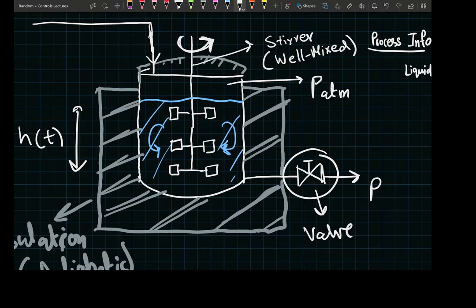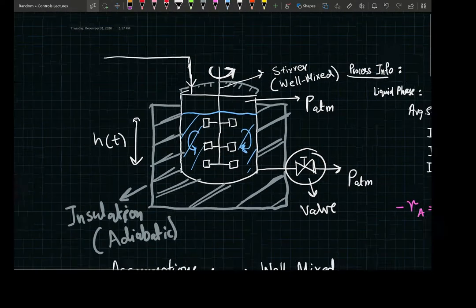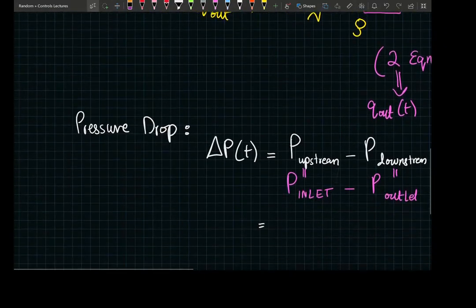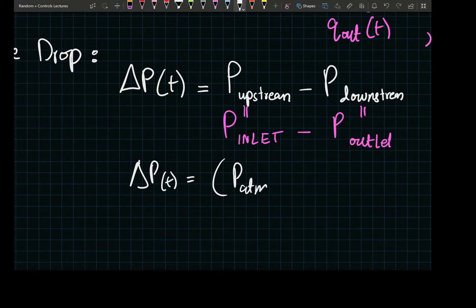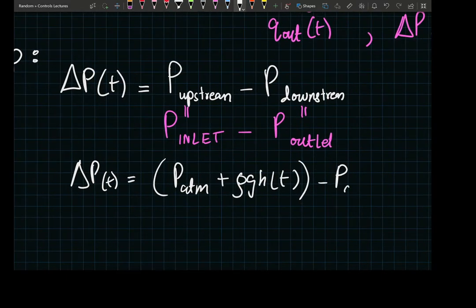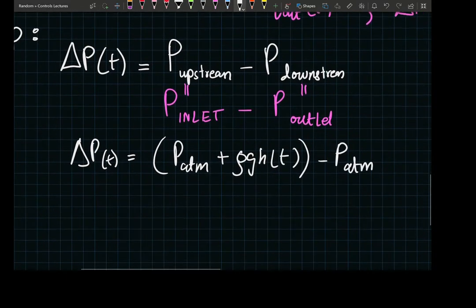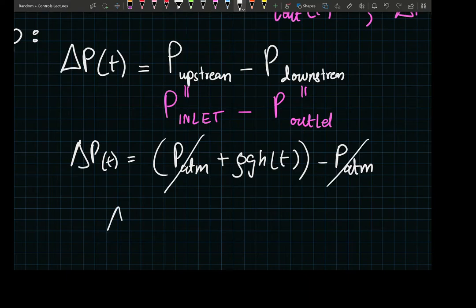And we're discharging our contents at atmospheric pressure. Therefore, delta P of t turns out to be P ATM, atmospheric pressure, plus the hydrostatic pressure, minus P ATM. And since you guys are so good at mathematics, we're just gonna do some algebra action, and here we are.